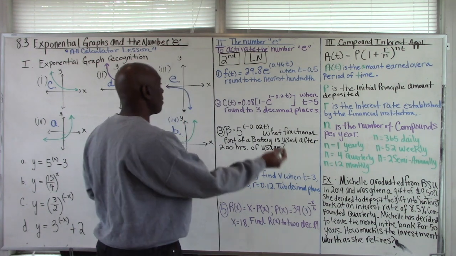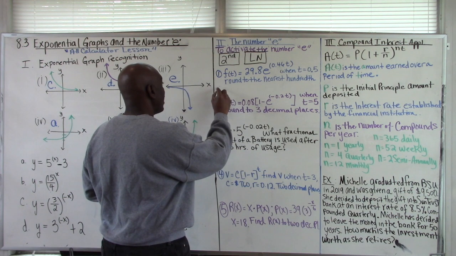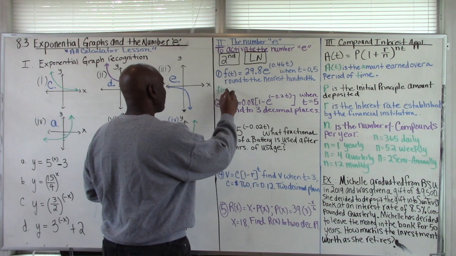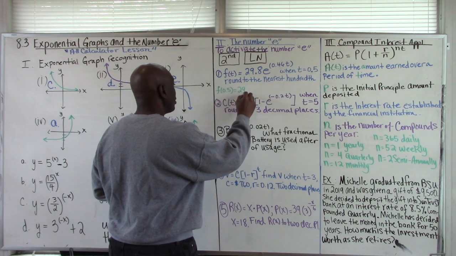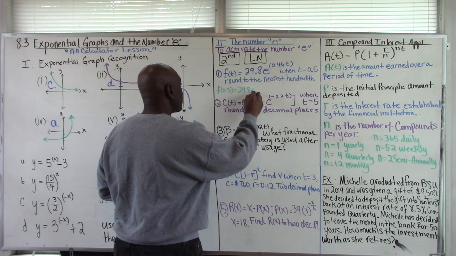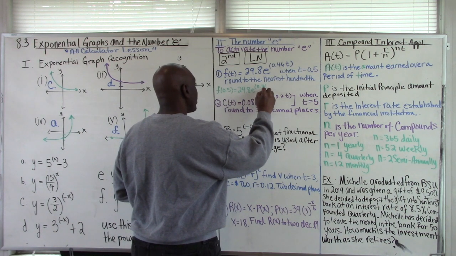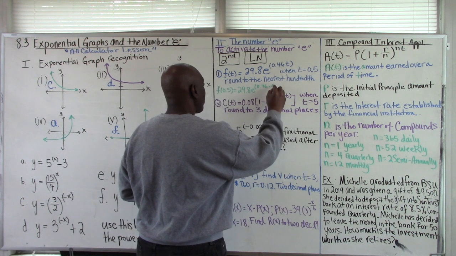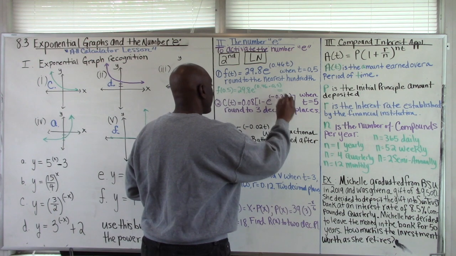All right, so what does that mean? That means we're going to have f of 0.5 equaling 29.8 times e to the 0.46 times 0.5. What does that equal?